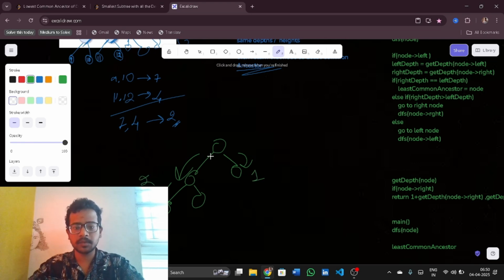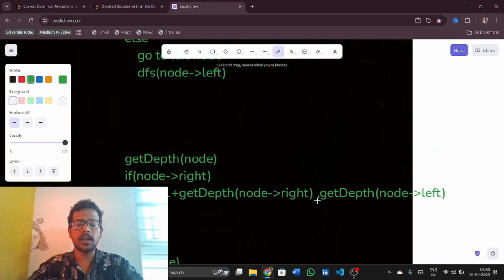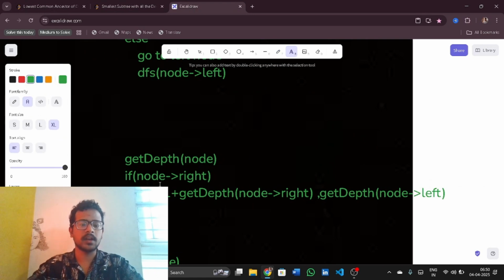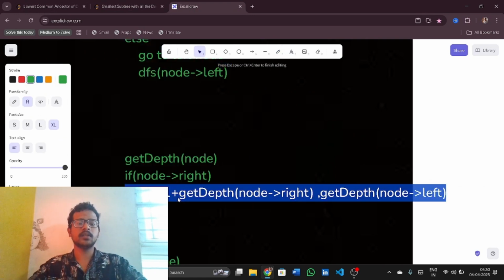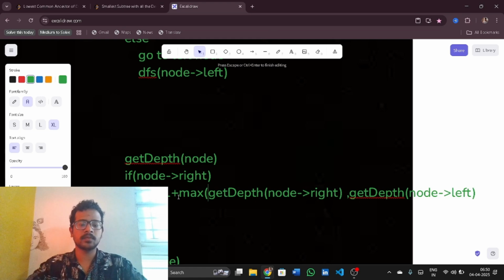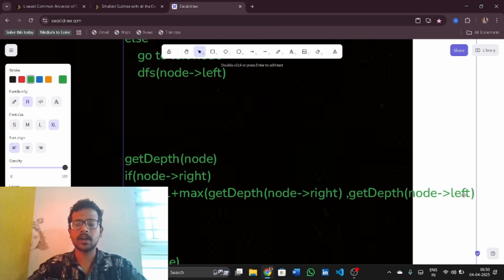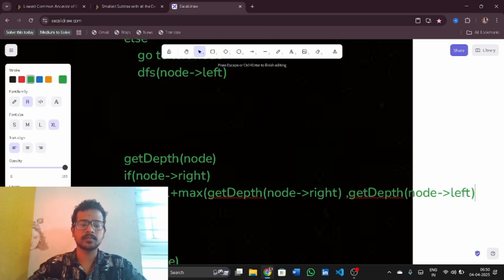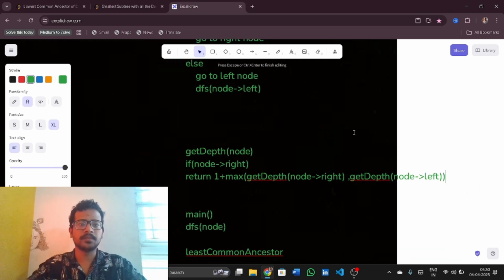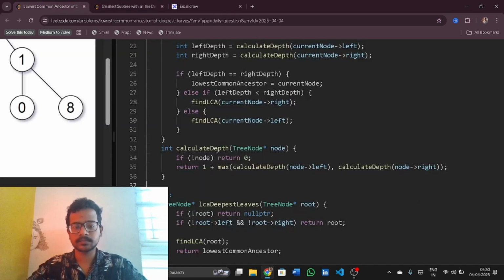So the maximum depth for this node will be the maximum of the left and right subtrees, right? So here the maximum of the left subtree and also the right subtree. So this is how you solve this problem.